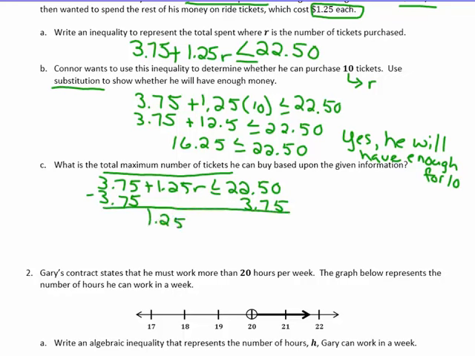So $1.25R less than or equal to, when I do my subtraction, 18.75. Divide by $1.25. So R has to be less than or equal to, when I do my division on my calculator, 15. So he cannot buy more than 15 tickets. That's what that's telling me.